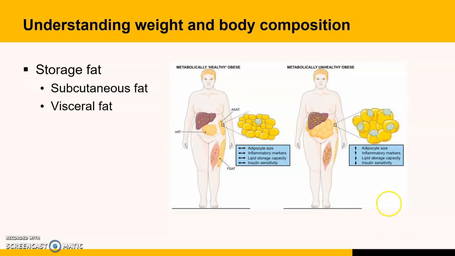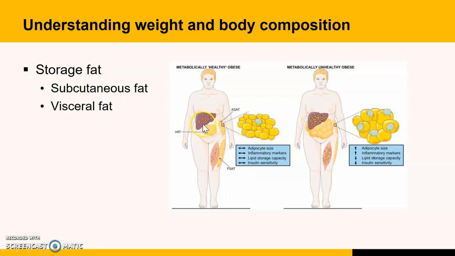When we look at these two types of person, in terms of body appearance, it's just the same. The body figure is just the same. But when we look at the body composition, this person we call metabolically healthy obese, because of the visceral fat here.